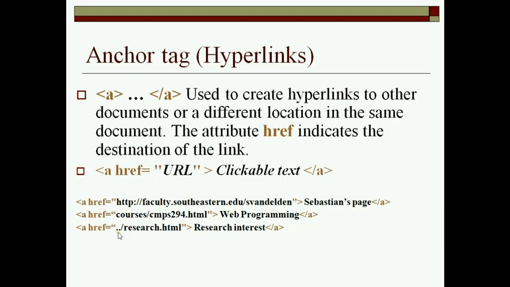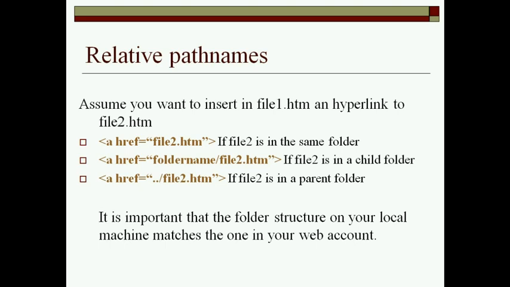This dot dot is a Linux navigation standard in the Linux file system, and we're going to see a lot of it later on. So to recap, this one is a file in the same folder. This one is a file in a child folder called folder name, and this one is a file in the parent folder.